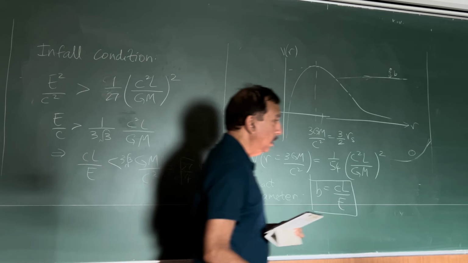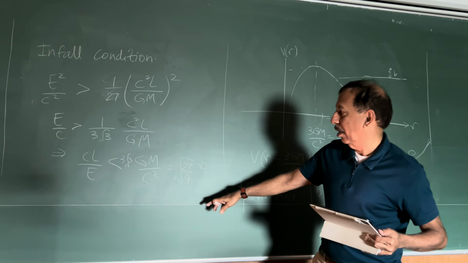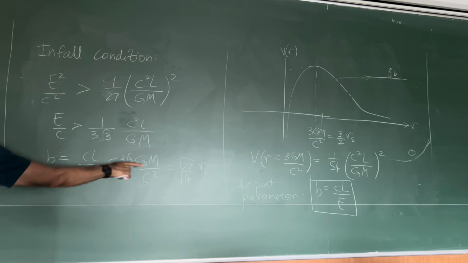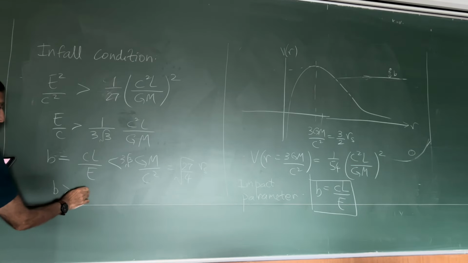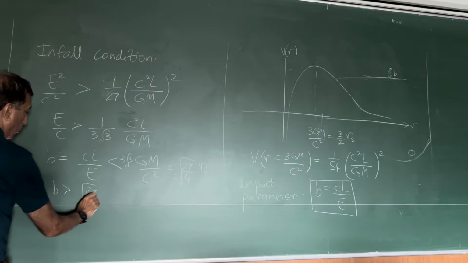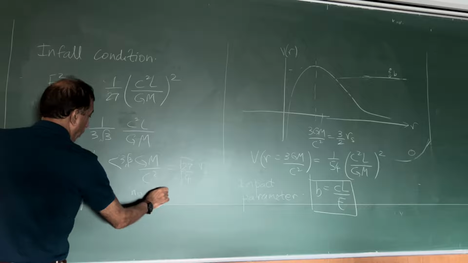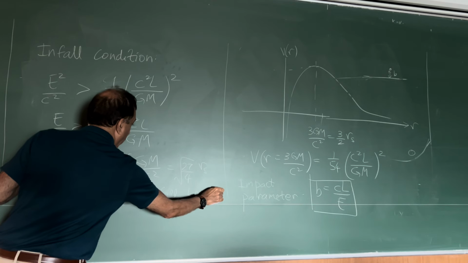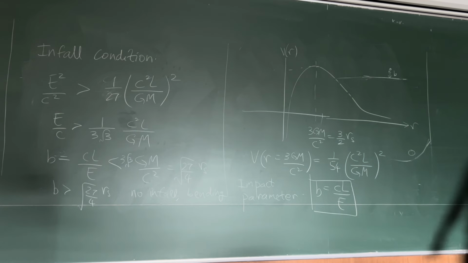So there's a number, root of 27 by 4, such that if the impact parameter b is less than that, then it will fall in. And b greater than root 27 by 4 R_S, no infall. Instead we have bending. I hope it's clear. There are two possibilities and they are decided by the value of b.